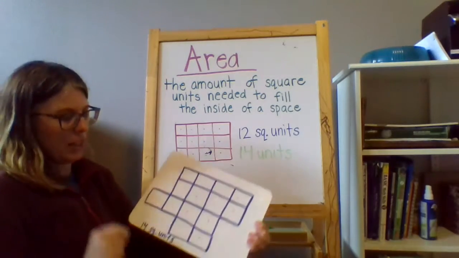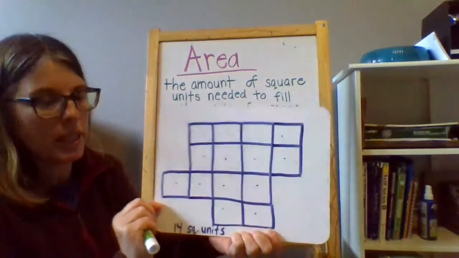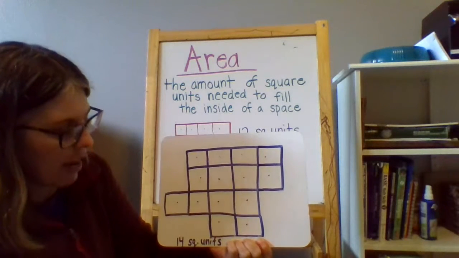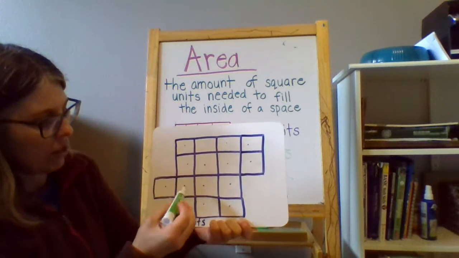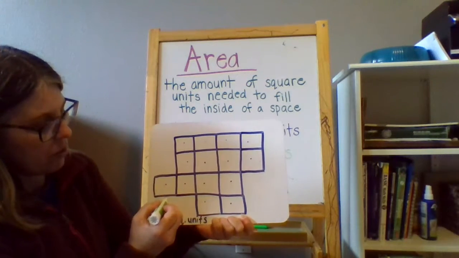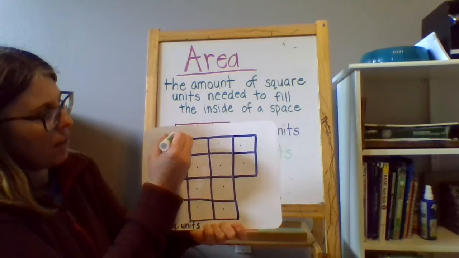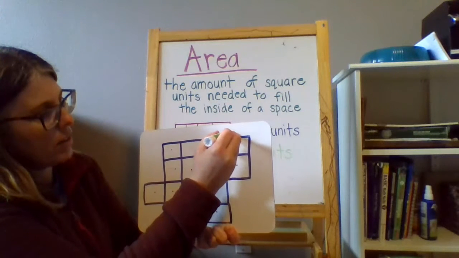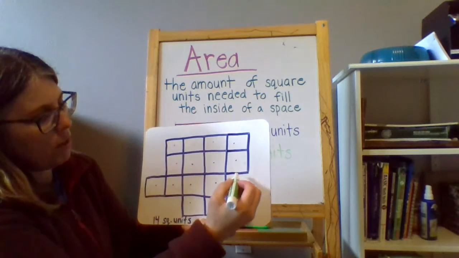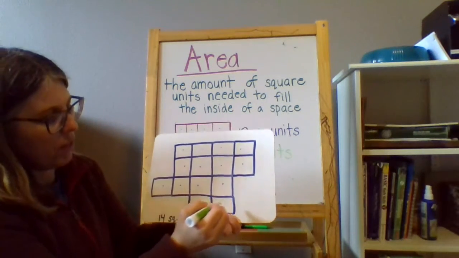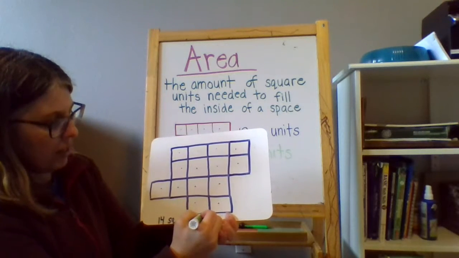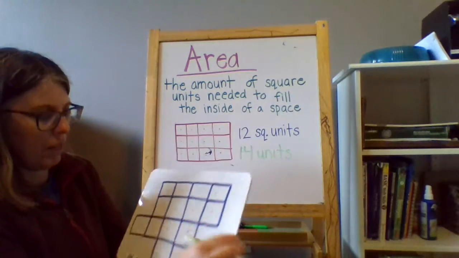Let's check out this one and see. Okay, so remember it was 14 square units. Now let's count the perimeter of this one. Let's start right here. 1, 2, 3, 4, 5, 6, 7, 8, 9, 10, 11, 12, 13, 14, 15, 16, 17, 18.